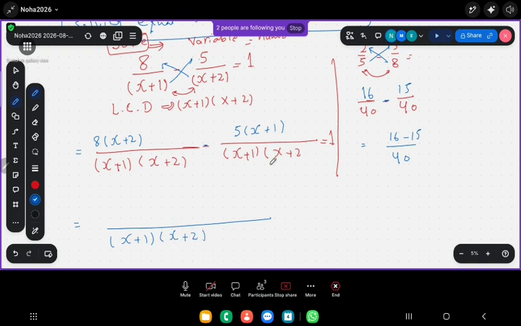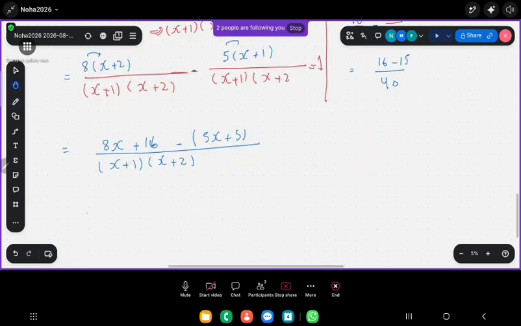Then up, you have to get what? Who can tell me? 8. Yeah, very good. So you multiply 8 by x plus 2, so it's 8x plus 16. And here is minus 5x plus 5. Very good.